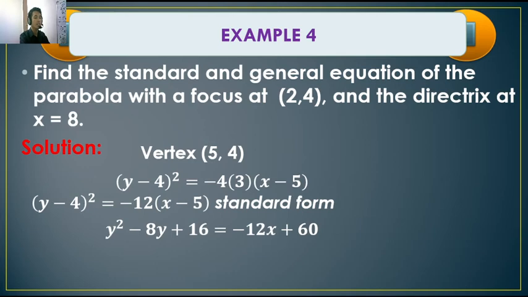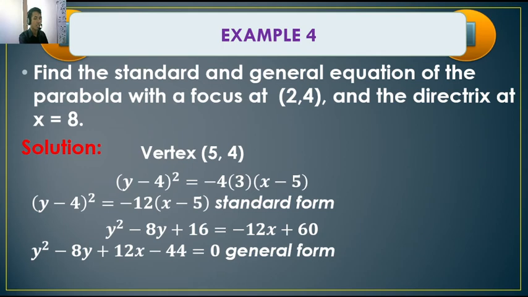And then to find the general equation, we need to expand our standard form. So we have y squared minus 8y plus 16 is equal to negative 12x plus 60. Then simplify, we have y squared minus 8y plus 12x minus 44 is equal to 0. This is now our general equation of a parabola.